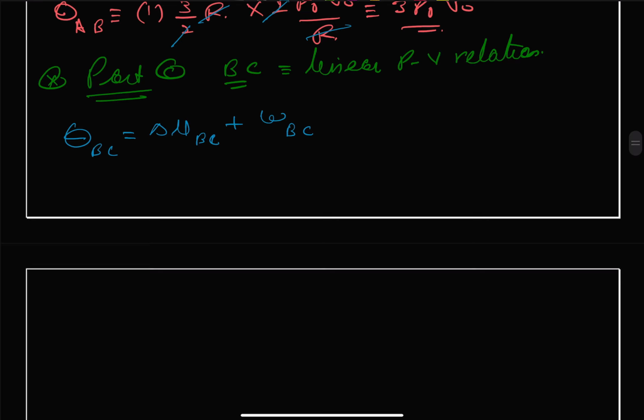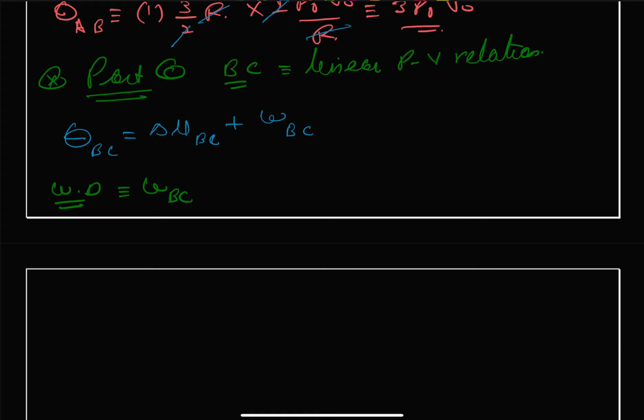And for our work done, we have to find out the equation of the line. Okay. So we can say our work done, which is WBC.